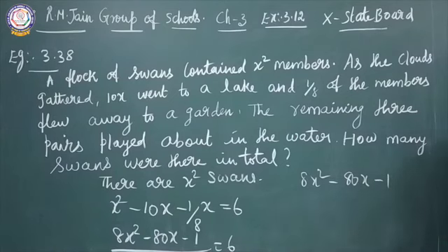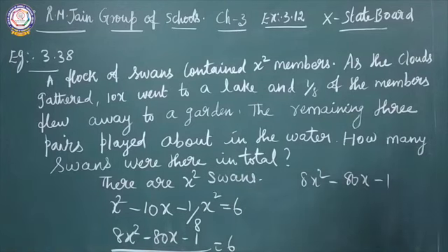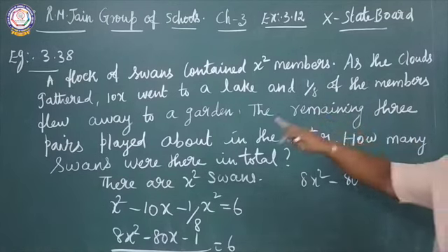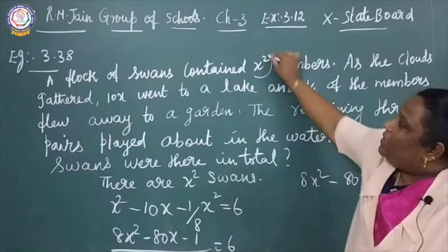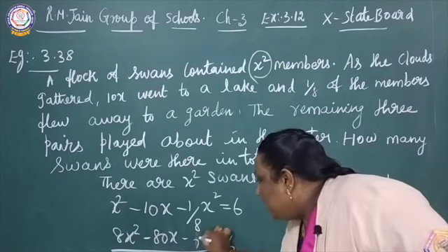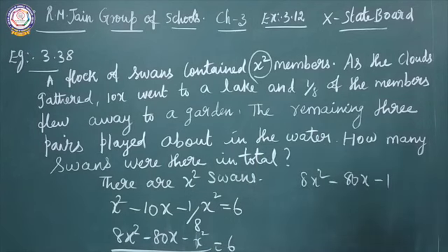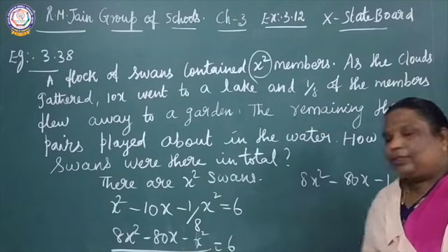Sorry, it is 1/8 of x square, because 1/8 of the members flew away. 1/8 of the members means x square, where members is x square. So, minus x square by 8.